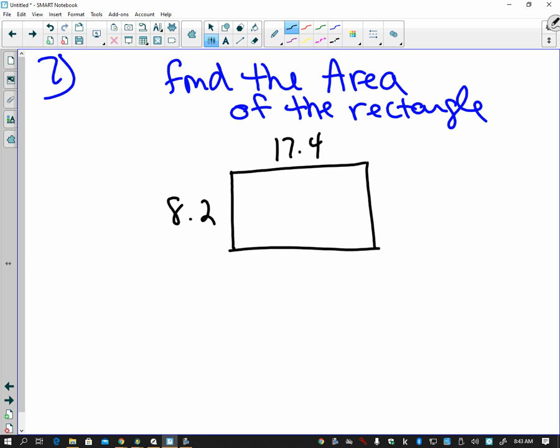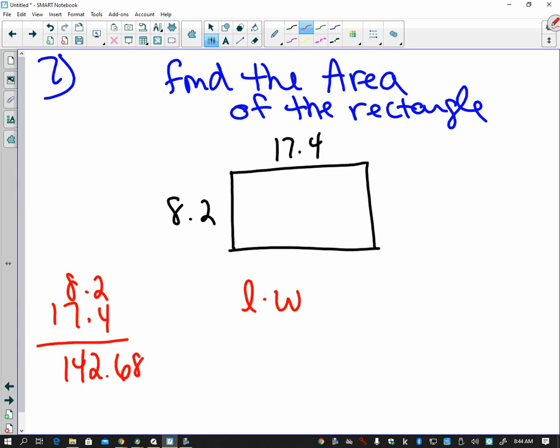Area of a rectangle. How do you find the area of a rectangle? Length times width. What do you think people might do wrong here? They'll add them up, or they'll find a perimeter instead of the area. What's 8.2 times 17.4? What do you say? 142.68.